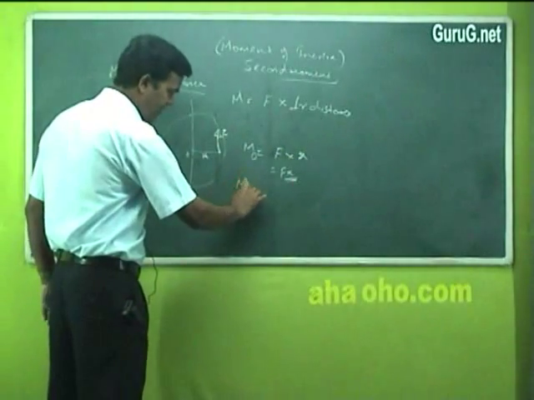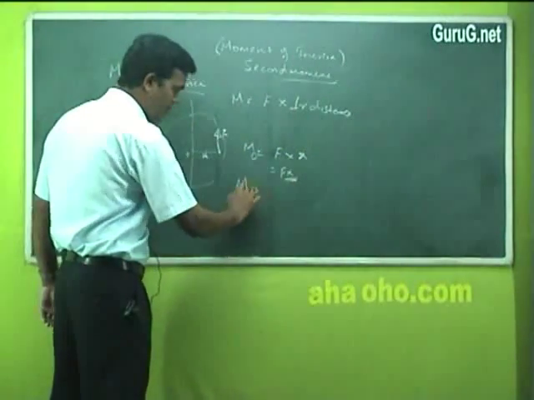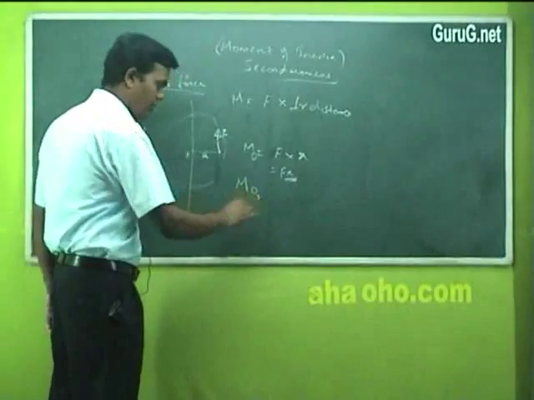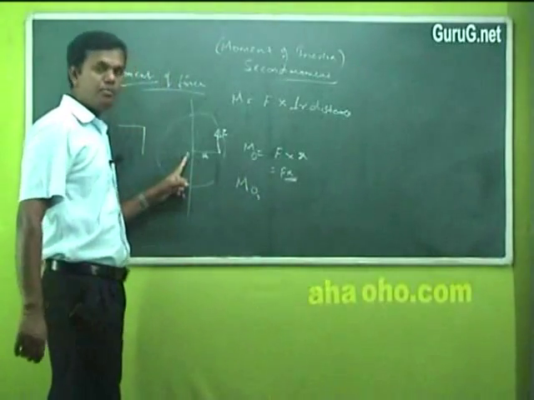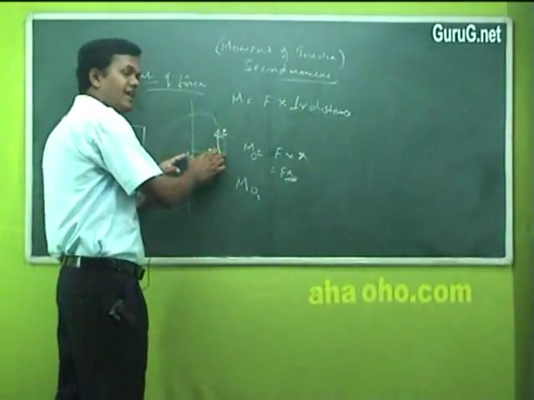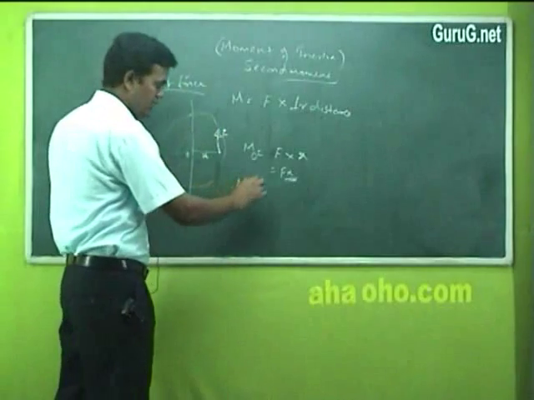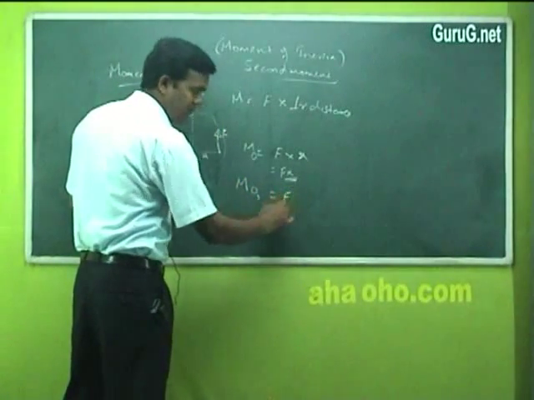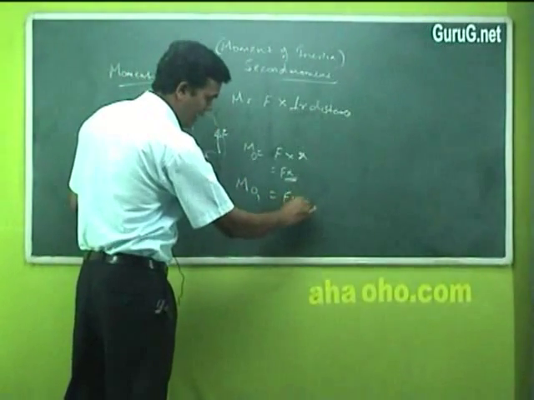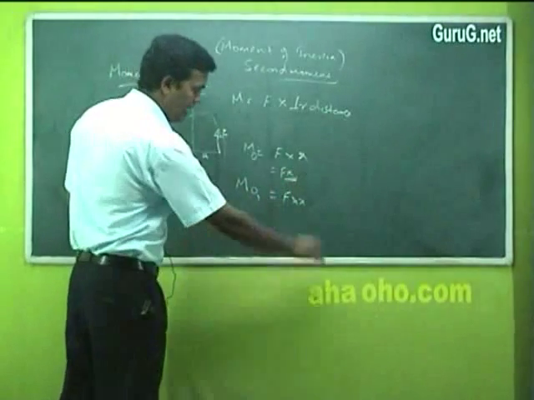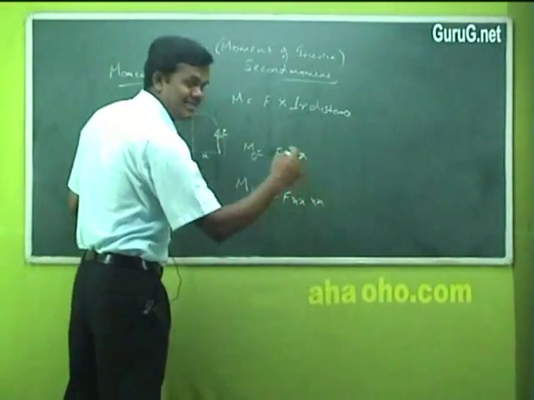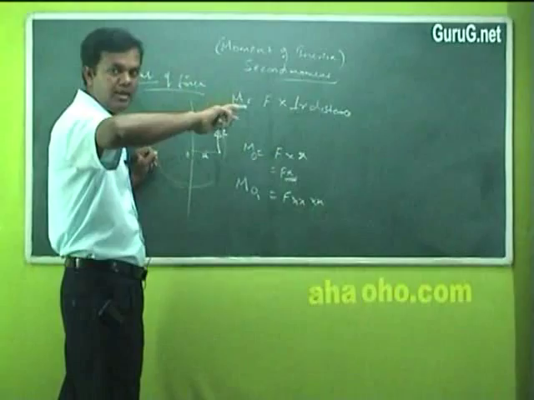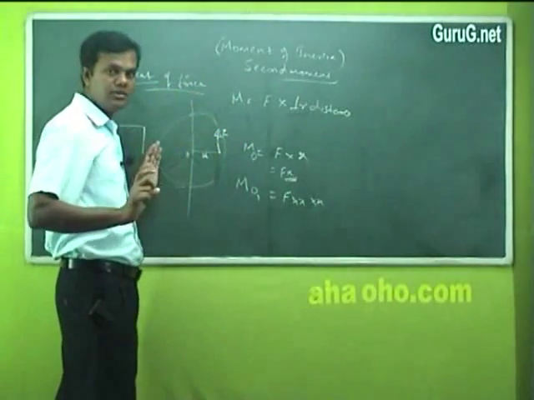Now, if I take again a moment of that body with respect to the same point, by multiplying another x value in the same direction, which means this F into x, or Fx, again I am multiplying by a distance, the second time multiplying that value with the distance.